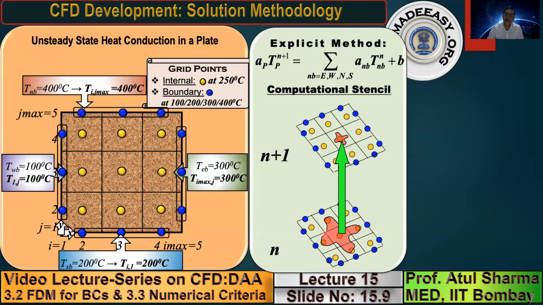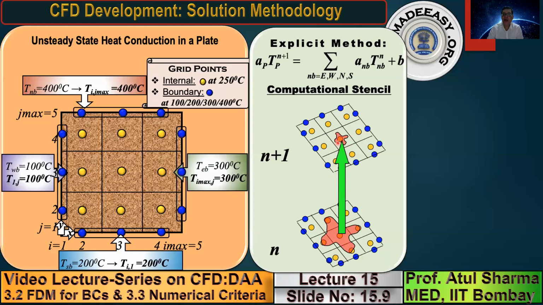Similarly, in a diffusion phenomenon, we want to generate an algebraic equation such that the value at this point has a similar behavior. If all these 5 values are increasing, this should increase. If all these 5 values are decreasing, then this should decrease.